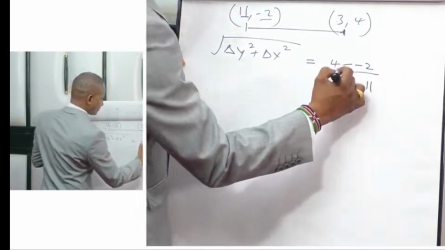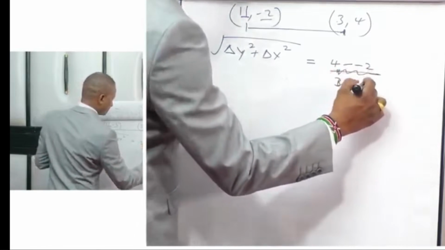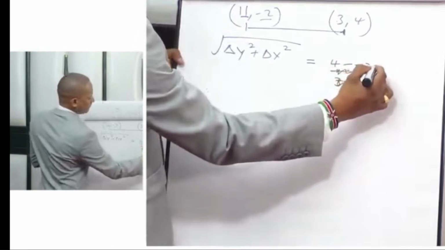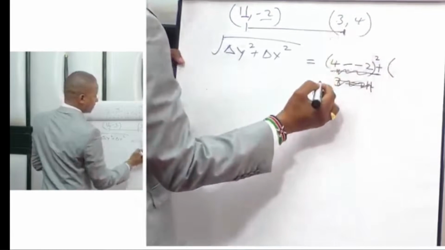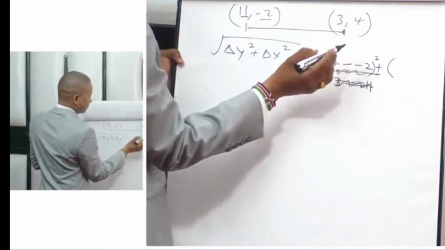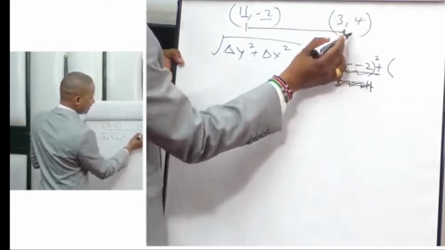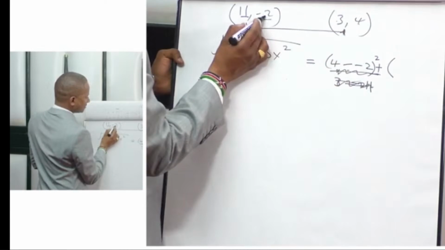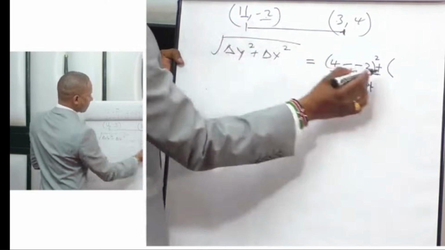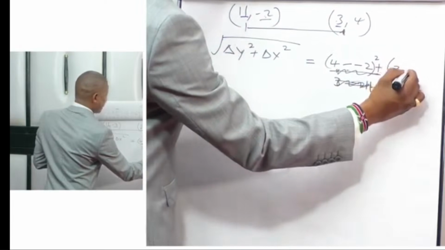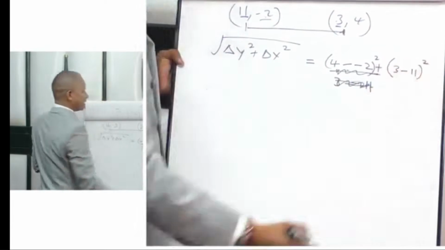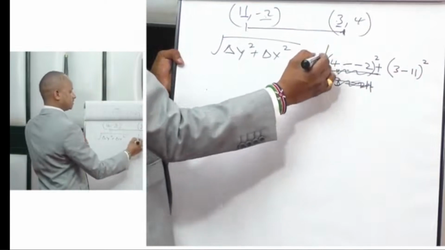Change in y is 4 minus 2, change in x is 3 minus 11, squared. Everything is under the square root.